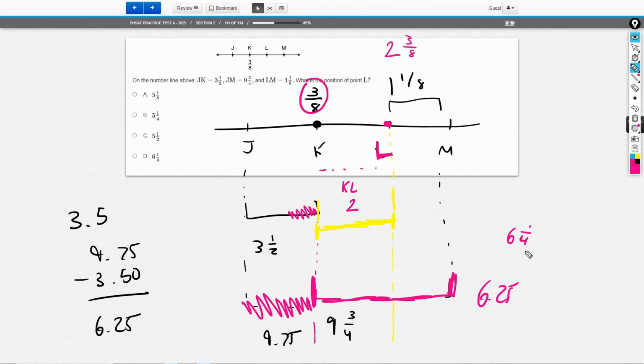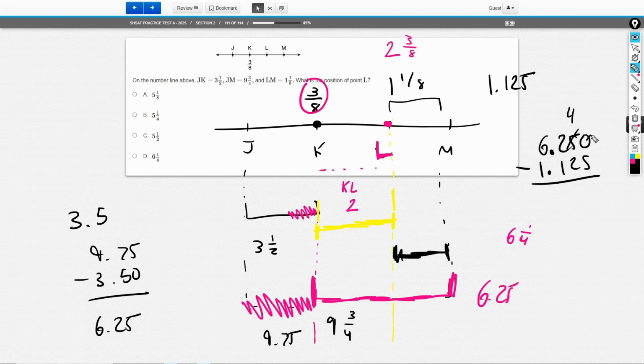Okay? Now, we also know that the distance between L and M is 1 1/8. So from this pink distance, we have to get rid of this black distance so that we can get to the yellow and add that distance to K to get the point L. All right, so now we know that 1 1/8 is equal to 1.125, okay? So if I have 6.250 and I subtract 1.125, what do I get?